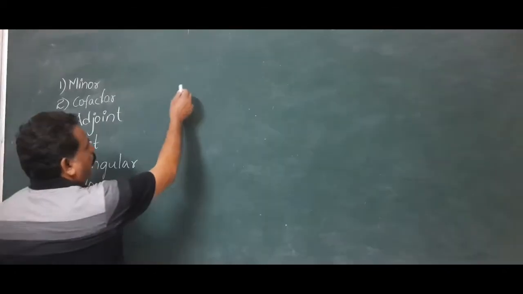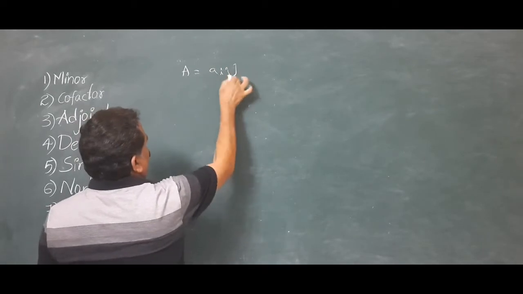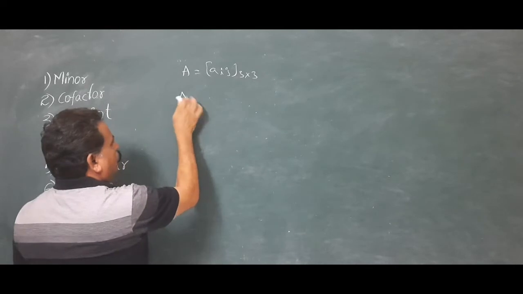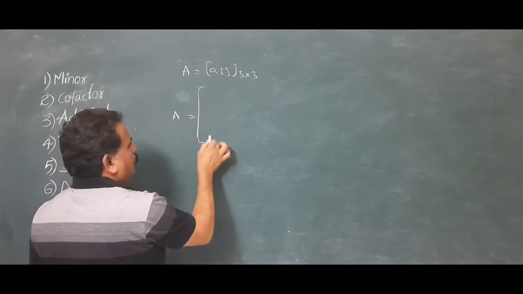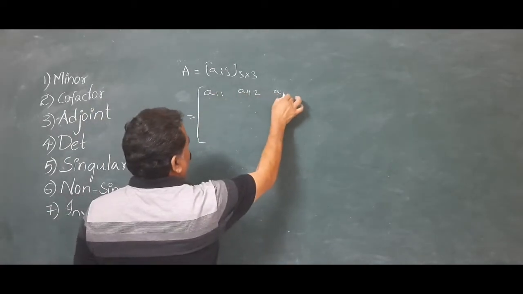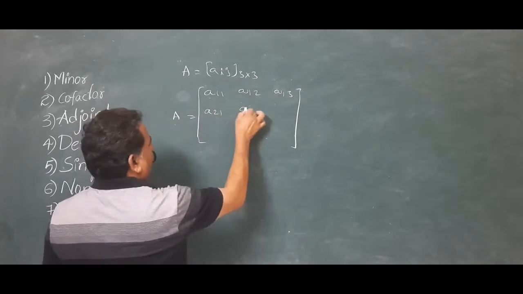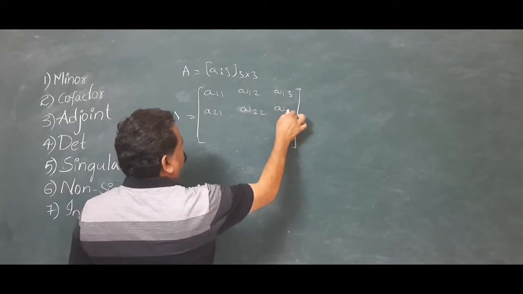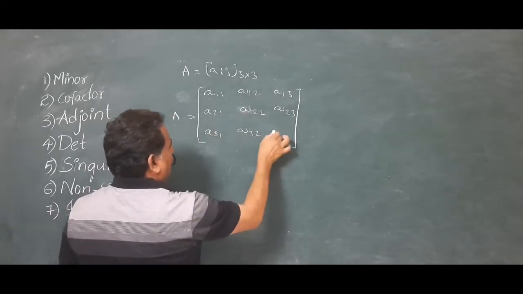Now here, let A equal to [Aij], a 3 by 3 matrix. That means A equals, if you expand this, A11, A12, A13, A21, A22, A23, A31, A32, A33.